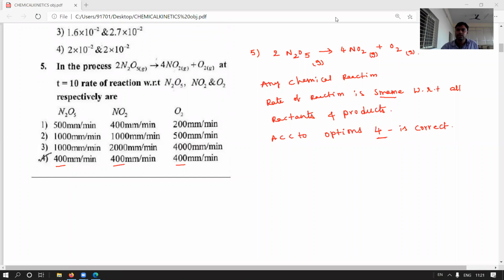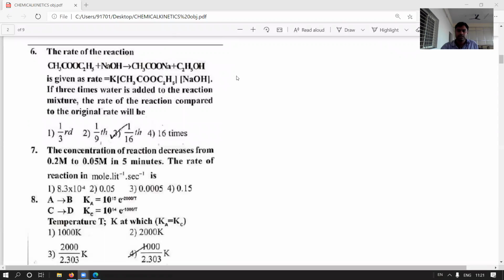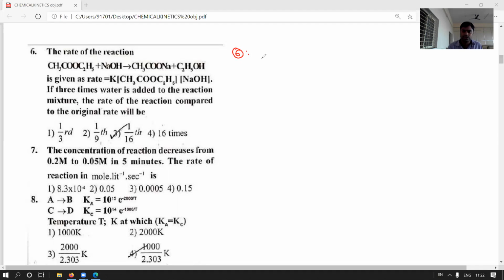Okay. Let's see the next, sixth question. In the sixth question, they gave one equation: hydrolysis of esters in basic medium. We know very well hydrolysis of esters in basic medium is a second order reaction. The rate depends on the concentration of ester and the concentration of base.